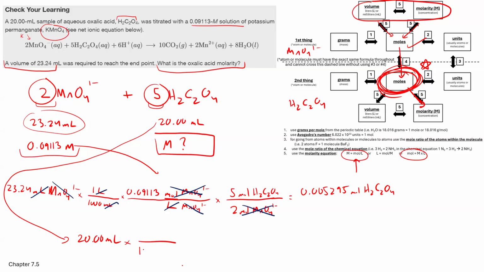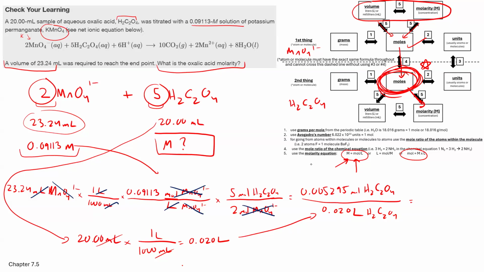The bottom part, we're going to convert this into liters because our molarity equation uses liters. So mL cancel out, and now we're at 0.020 liters of oxalic acid.